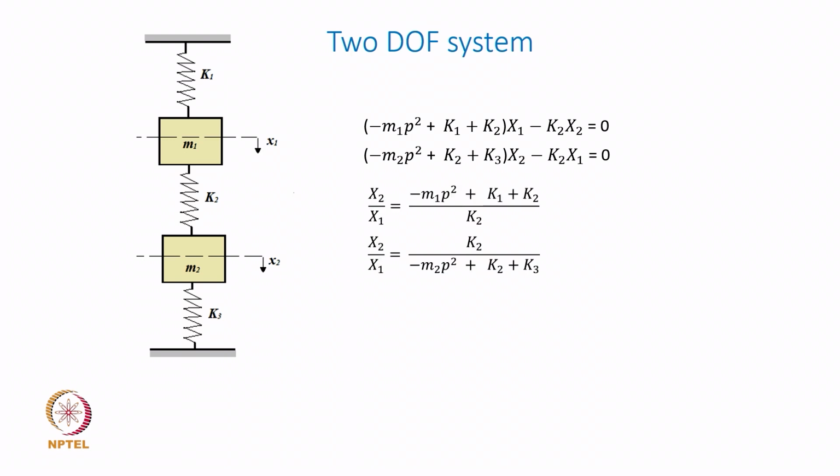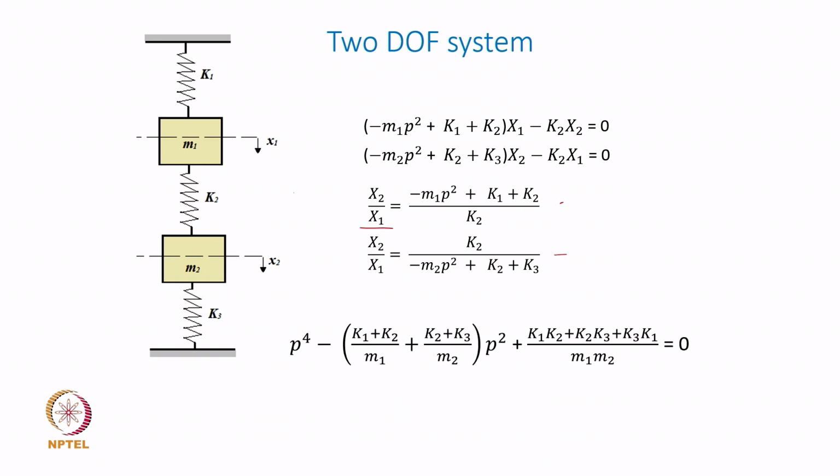By rearranging this we get the amplitude ratio x2 by x1 given by this expression on the right hand side, and x2 by x1 from the second equation given by the expression on the right hand side like this. Then by equating these two amplitude ratios we obtain the characteristic equation, a polynomial in p square that gives you the two natural frequencies.